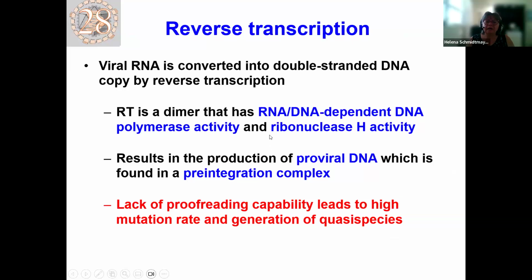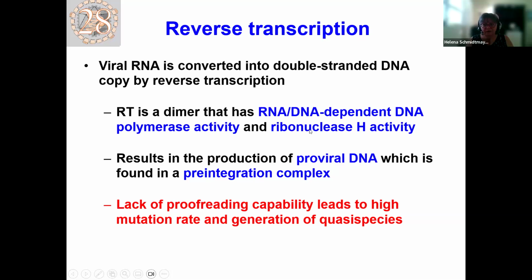Now, let's talk a little bit more about retroviral reverse transcriptase. It is one enzyme which has three different activities. A retroviral reverse transcriptase functions as an RNA-dependent DNA polymerase, which synthesizes DNA on the template of RNA.